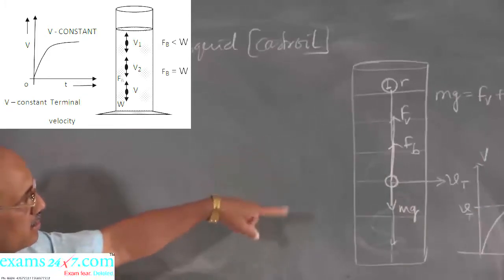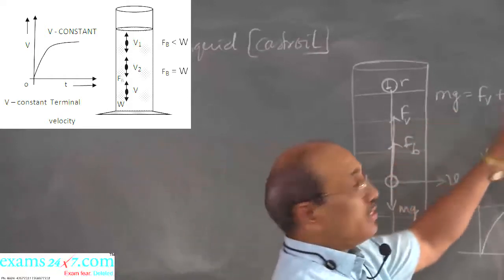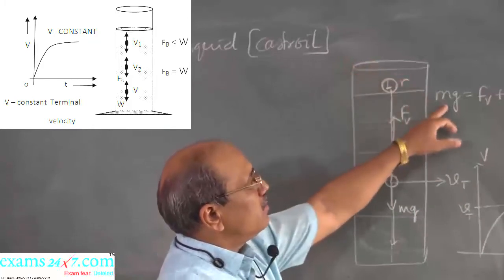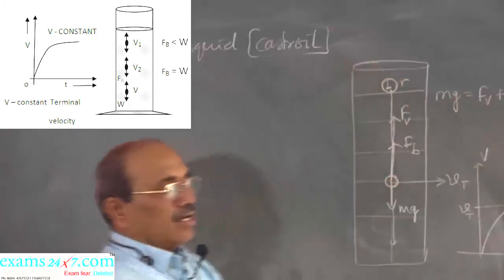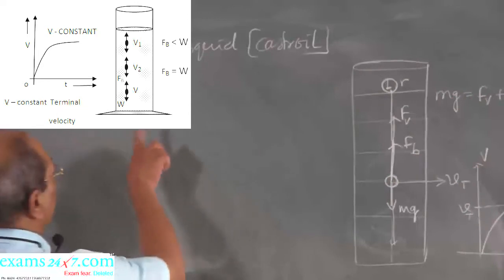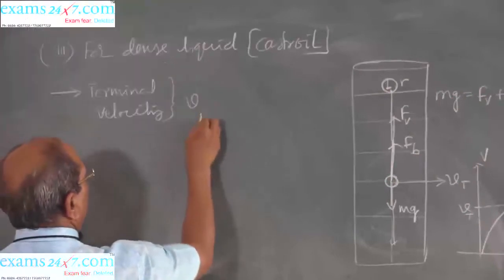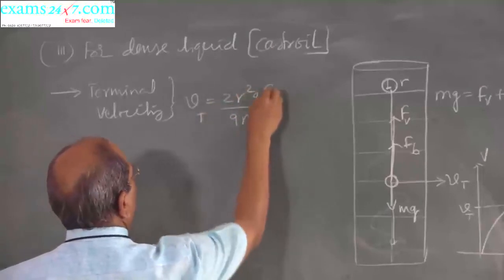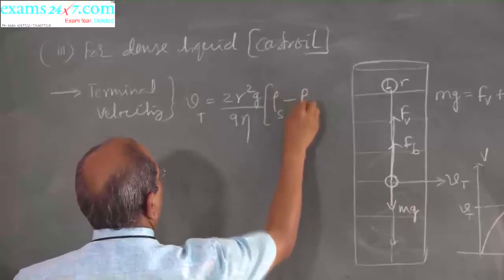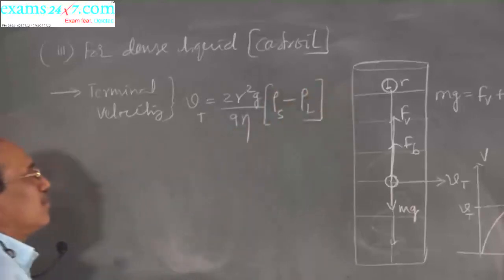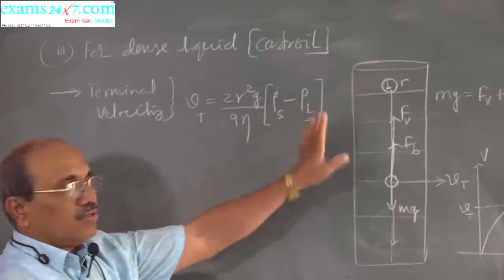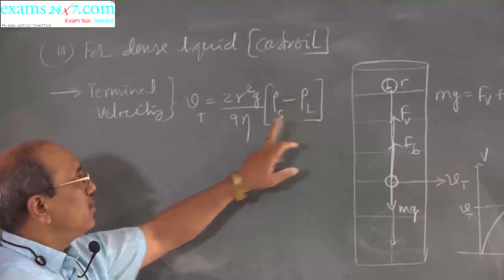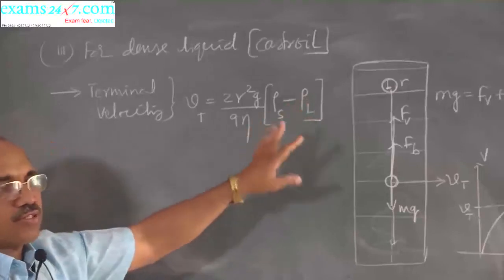So by comparing these equations, substituting the values of liquid density, volume of the ball and its density, viscous force and force of buoyancy, we arrive at the terminal velocity relation: Vt = 2r²g(ρs − ρl) / 9η, where r is the radius of the ball, ρs is the density of the solid, ρl is the density of the liquid, and η is the coefficient of viscosity.